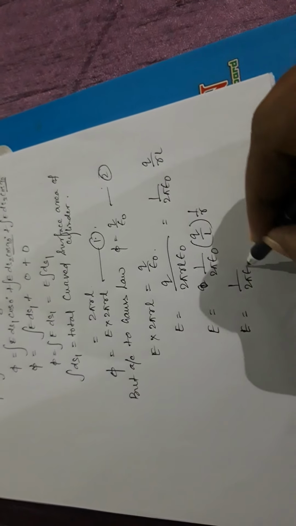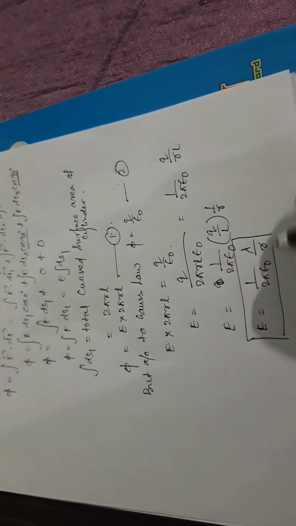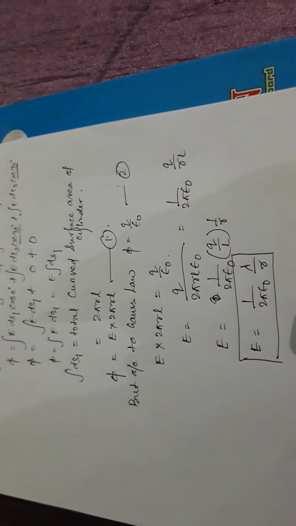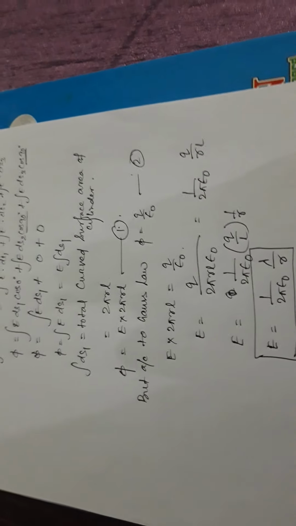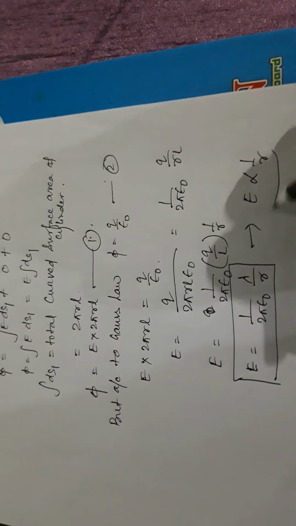So E is equal to 1 by 2 pi epsilon naught lambda by r. So this is the electric field intensity due to line charge, and here E is inversely proportional to r.